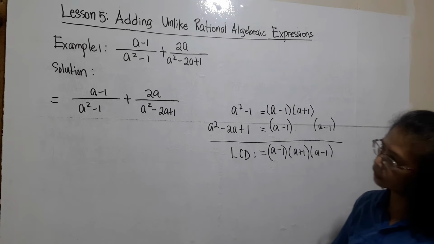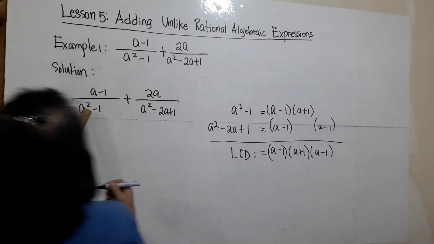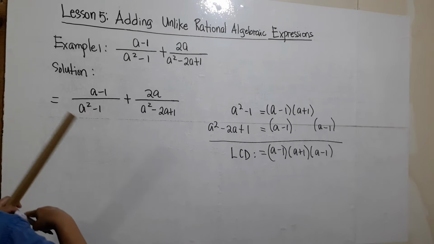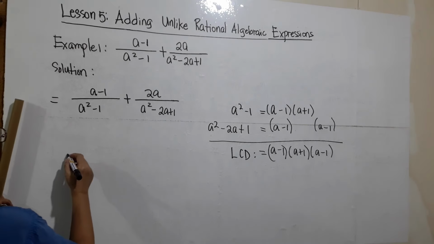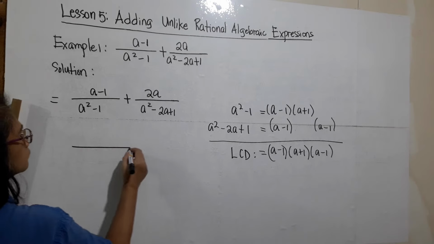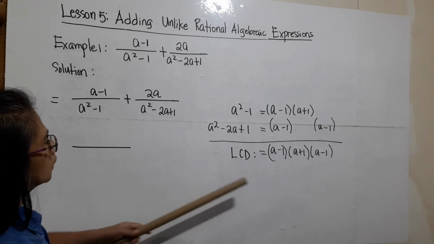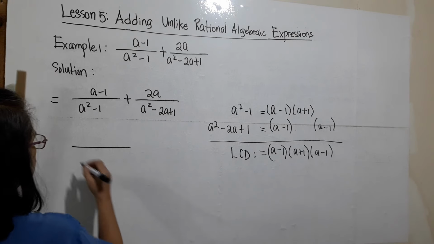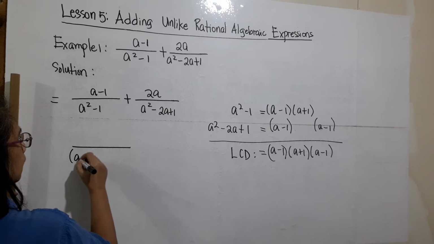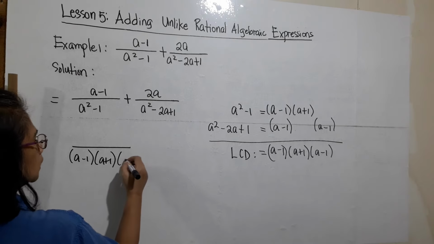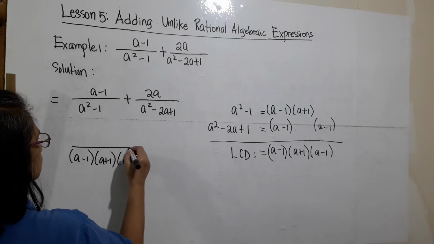So, instead of a squared minus 1, we now write the LCD. The LCD is a minus 1, a plus 1, a minus 1.